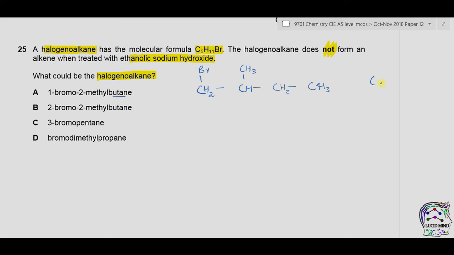The molecular formula is C5H11Br. Now in this compound, elimination can occur. From one carbon atom, halogen is removed, while from second adjacent carbon atom, hydrogen will be removed and alkene is formed. So A is wrong.